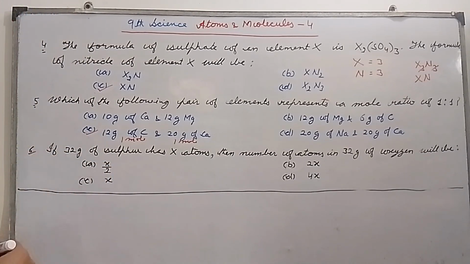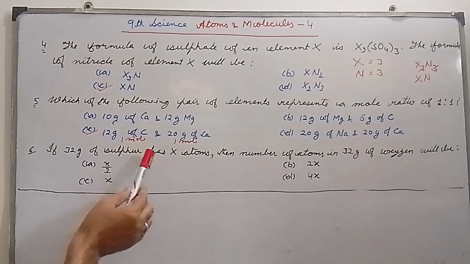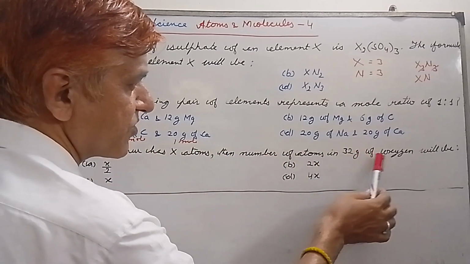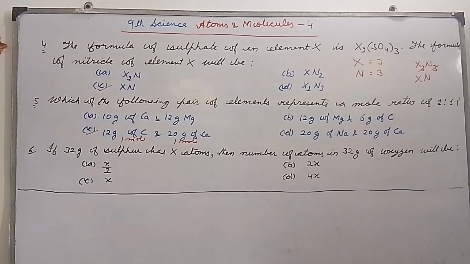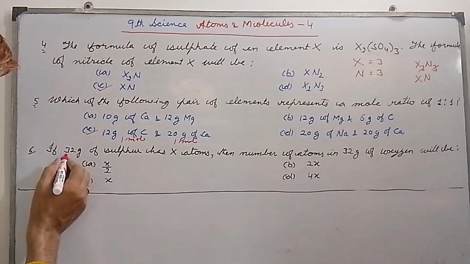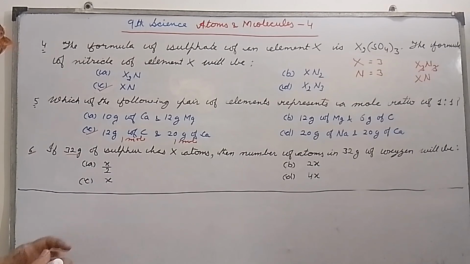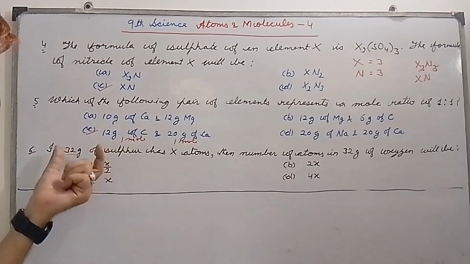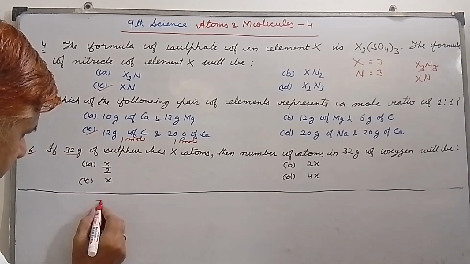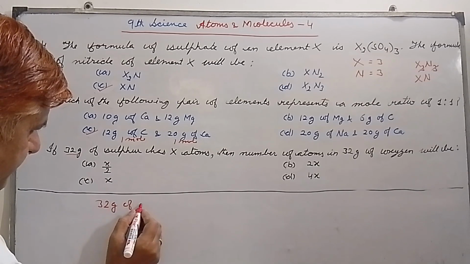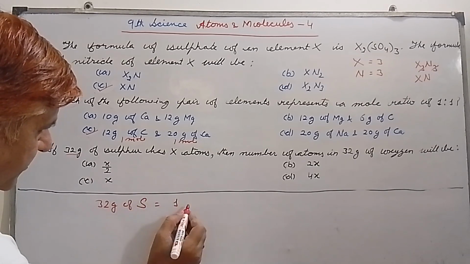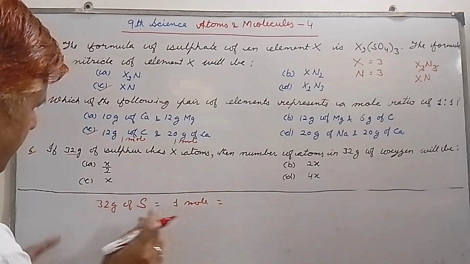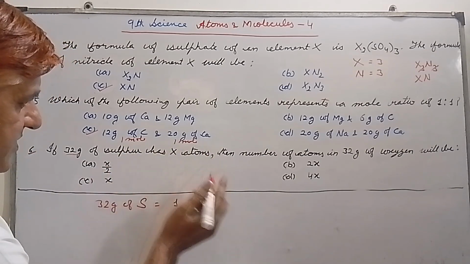Question number 6. If 32 gram of sulfur has X atoms, then the number of atoms in 32 gram of oxygen will be? Now my dear students, you must know that 32 gram of sulfur is equal to 1 mole of sulfur atoms. It is also given that 32 gram of sulfur has X atoms.